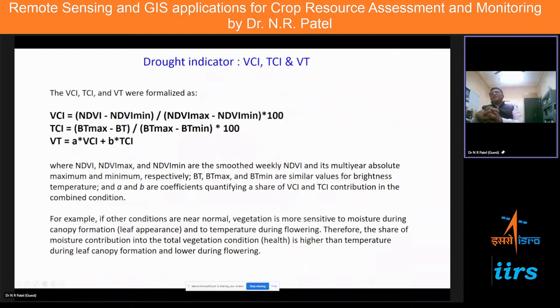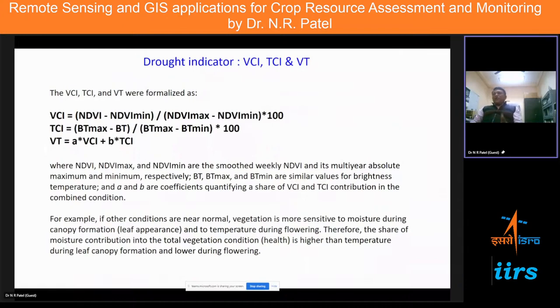One combined index example is the vegetation condition index and the temperature condition index; combining both, we can compute vegetation health. Vegetation health is a good indicator because it takes care of both temperature condition as well as vegetation condition. Vegetation is highly sensitive to soil moisture fluctuation, but at the same time, temperature is equally important.